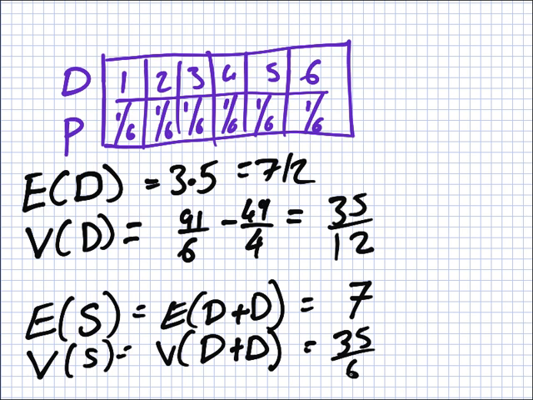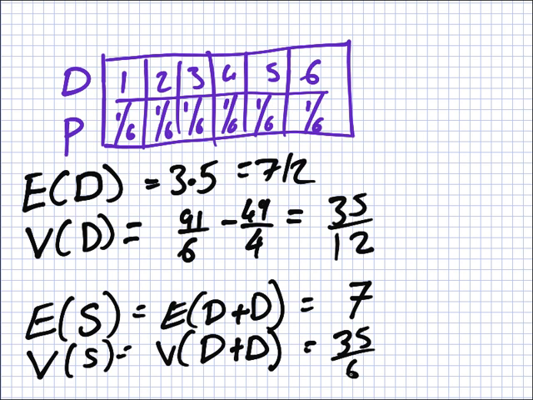It should be 35 over 6. It's 35 over 12 plus 35 over 12.